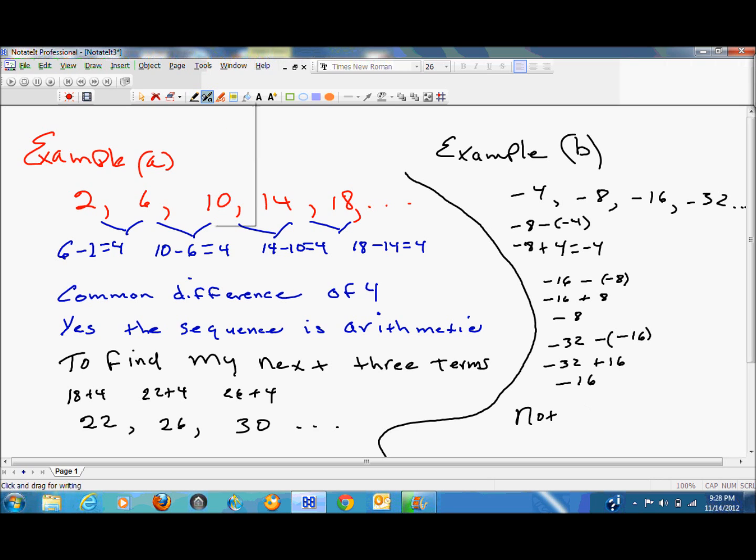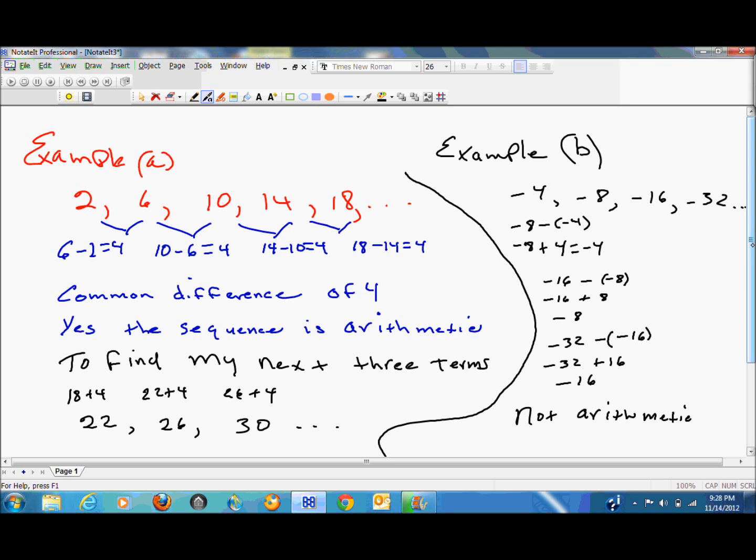So now we could just put yes or no, but I'm going to go ahead and put out that it's not arithmetic. And why is because there is no common difference. Okay? Well, that pretty much solves it.